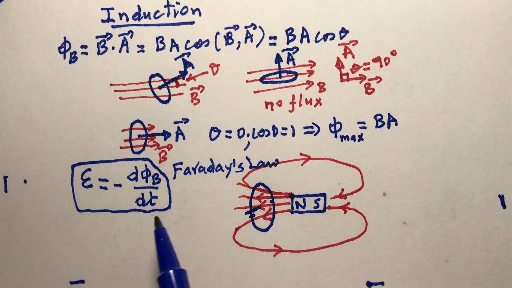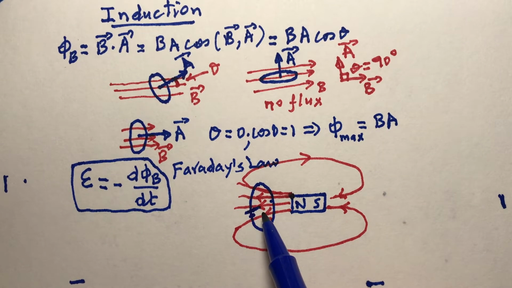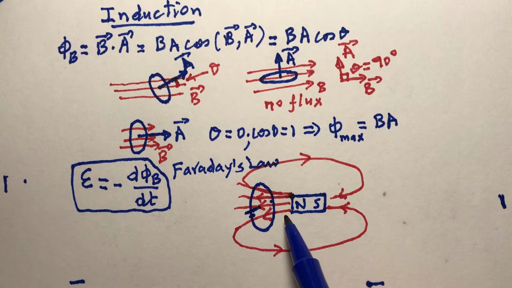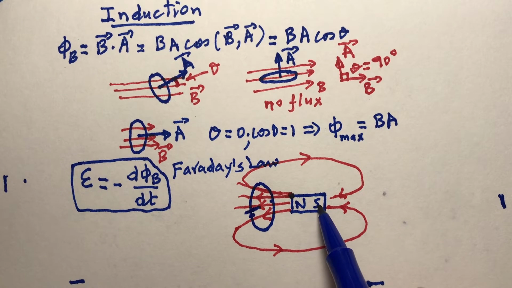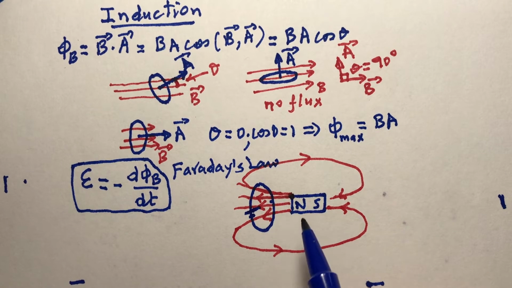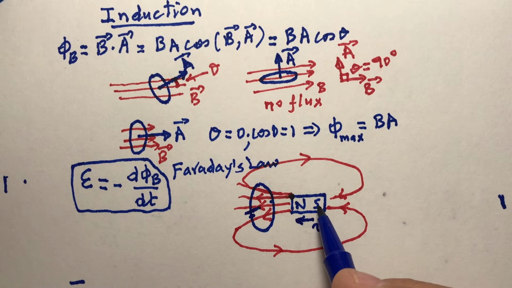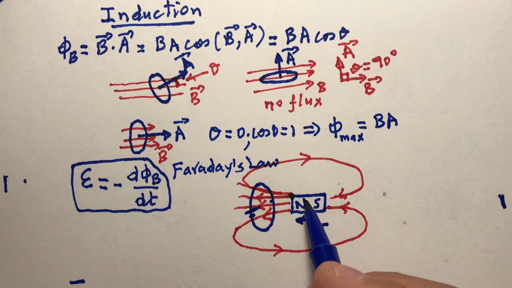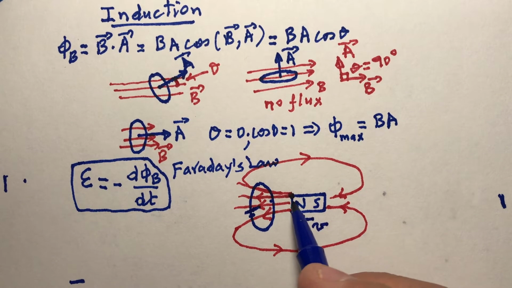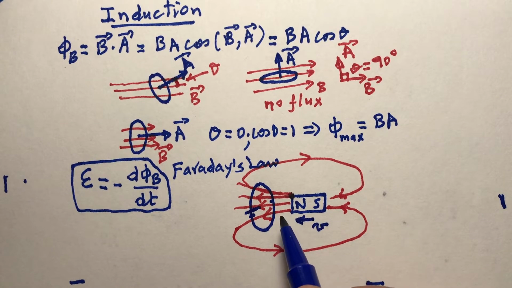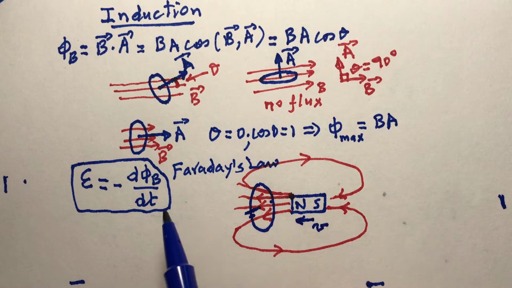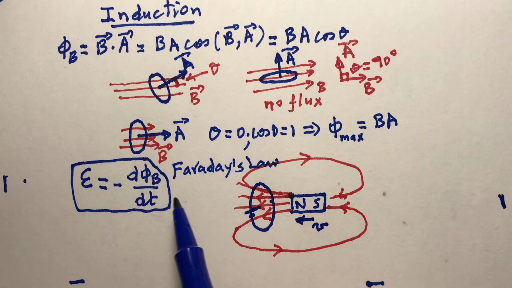Now, let's see how the voltage is gonna go if you're moving. Let's see, we're moving towards the loop, so we're going this way. So I put velocity here, and this magnet is going this way. So this is increasing with time.